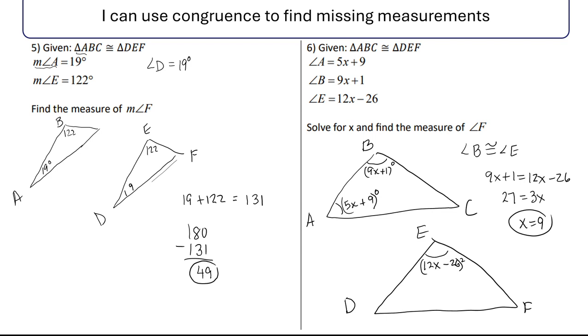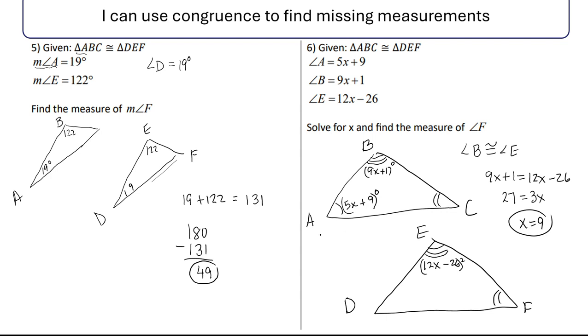Once I know x is equal to 9, I can figure out angle F because it's the same size as angle C. Since those two are the same size, it should add up to 180 with this triangle.